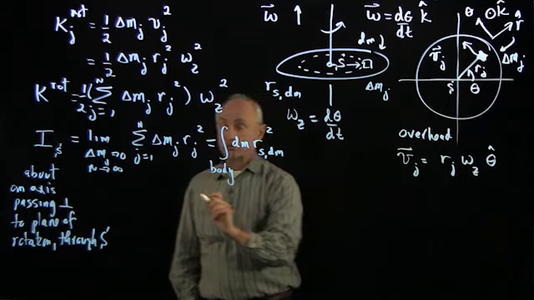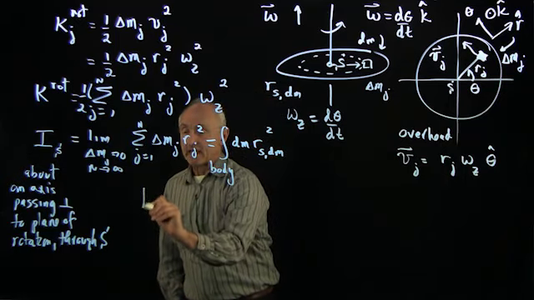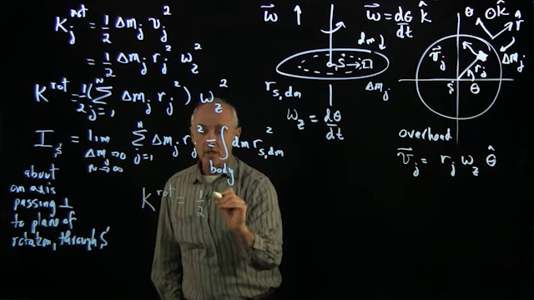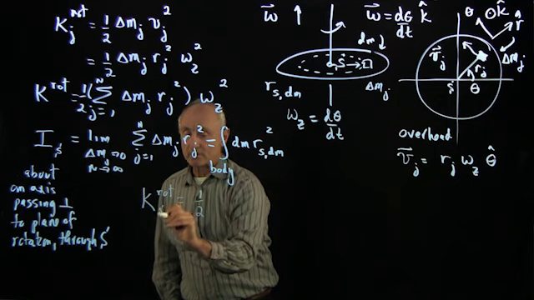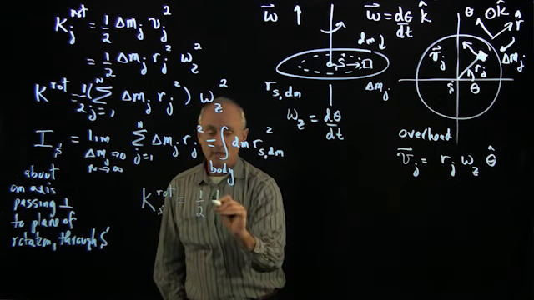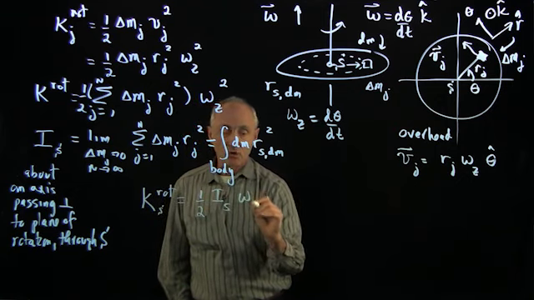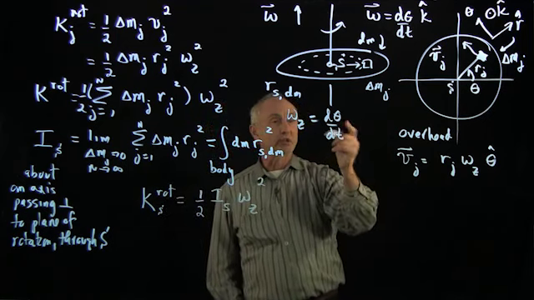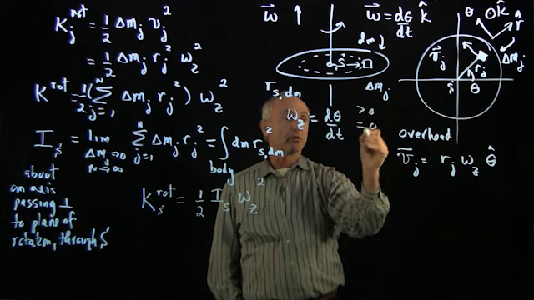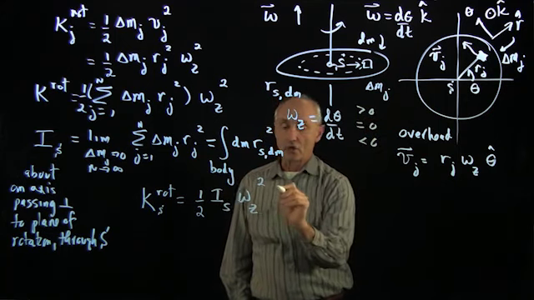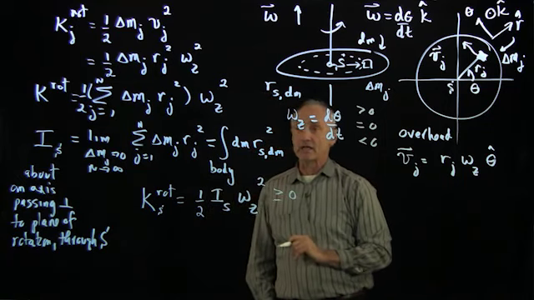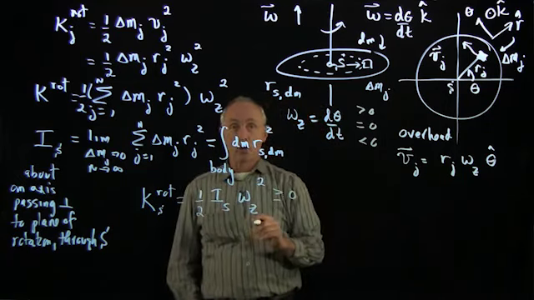But what we'd like to do now is summarize our results, that the kinetic energy of rotation is 1/2 for rotation about this axis, I'm just going to indicate passing through S, of IS times omega z squared. Now, keep in mind, because omega z is a component, it can be positive, 0, or negative, but the square is always a positive definite quantity, and that's our kinetic energy of rotation.